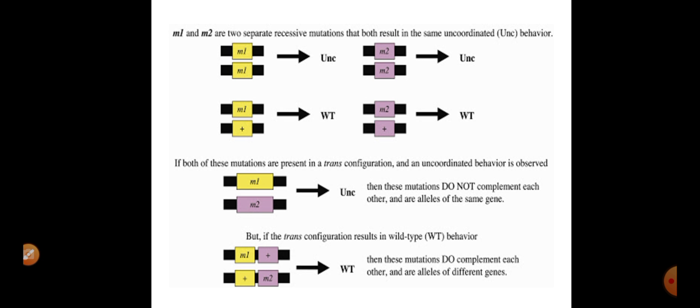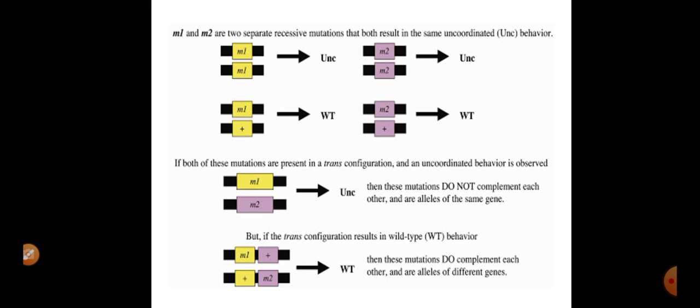But if they are part of M1 and M2 at different steps, then they give rise to wild type behavior.